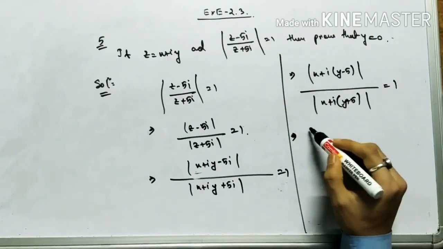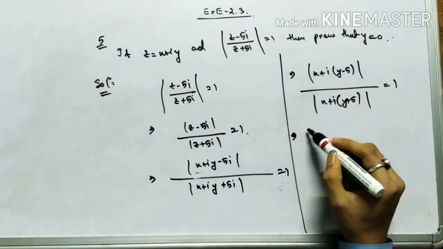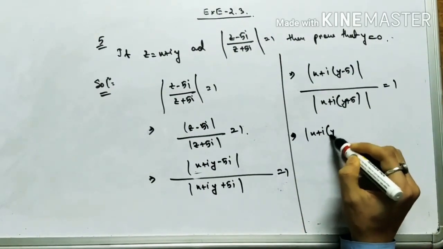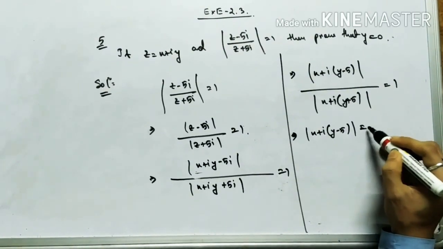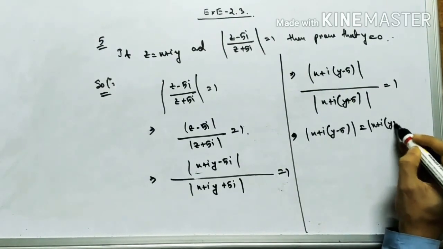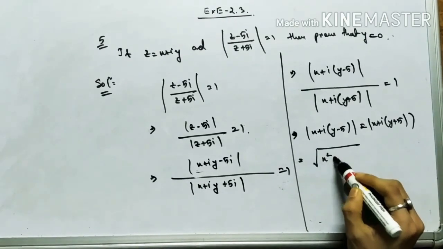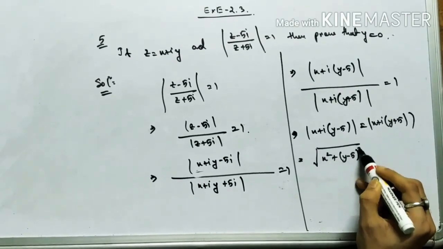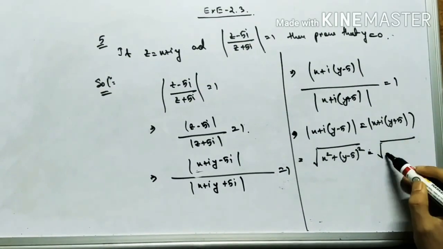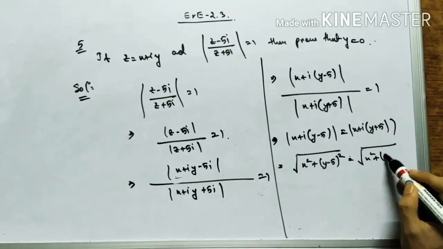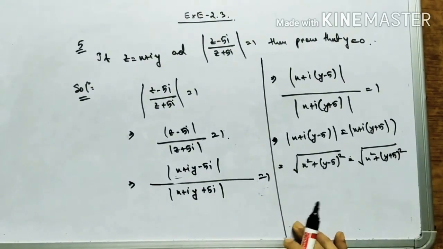If I send it this side, then I will get modulus of x plus iy minus 5 is equal to modulus of x plus iy plus 5. So this is modulus, I will get root over x square plus y minus 5 the whole square is equal to root over x square plus y plus 5 the whole square.